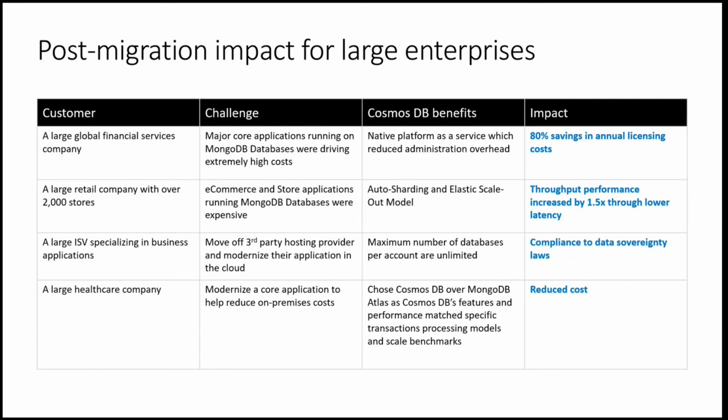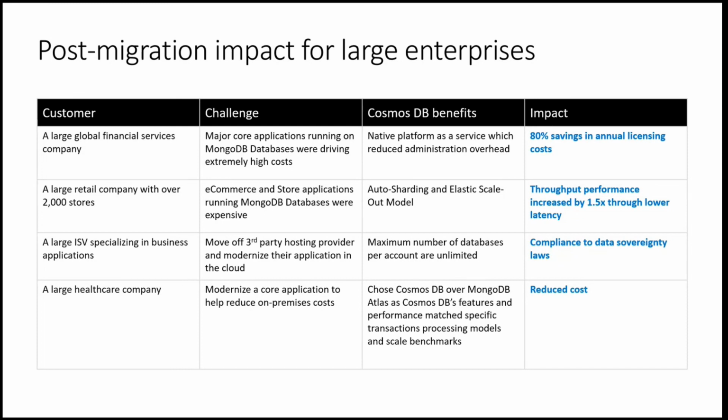The third one is a large ISV specializing in business applications. In this case, they moved off a third-party hosting provider where they were essentially self-hosting and managing their MongoDB instance, and the number of databases was limitless in Cosmos DB. They were also able to comply with data sovereignty laws, GDPR laws, and so on.